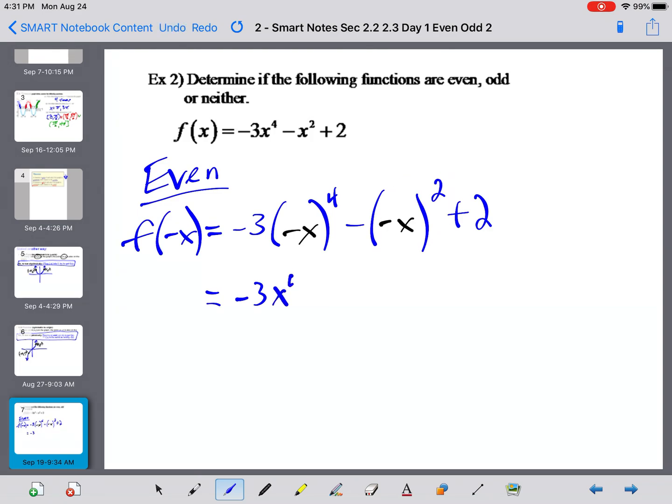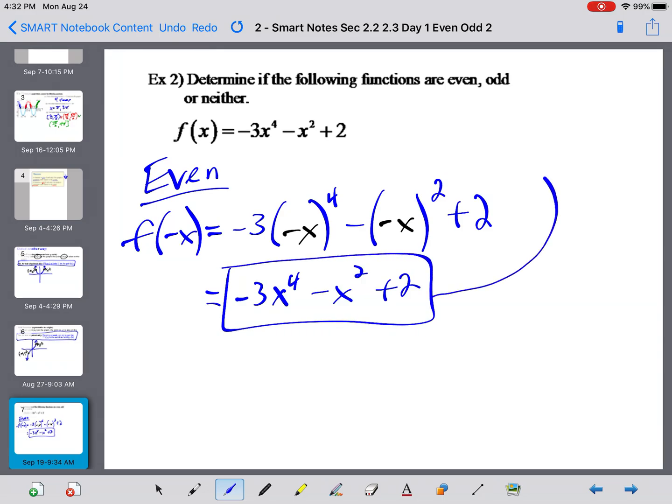Negative x squared is going to be the same thing as just x squared. And then plus 2. So if you can see, I plugged in negative x and I got this. That is the same thing as my original f of x function. Therefore, I can guarantee f of x is an even function. That's all you've got to do.